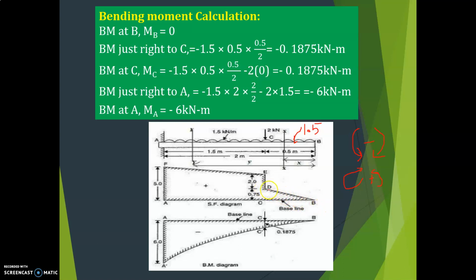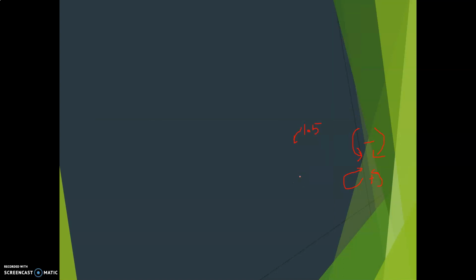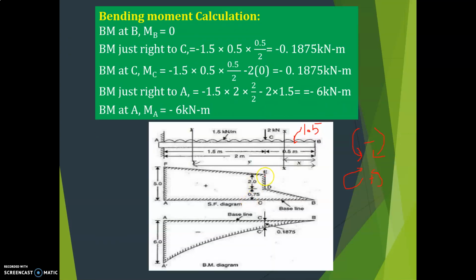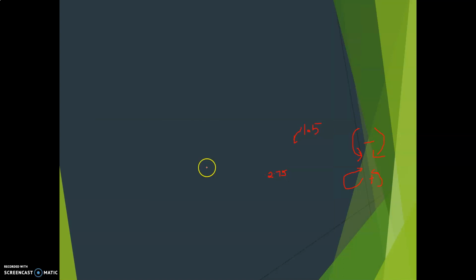Okay, then 2.75 to here, total it is 2.75. So till here it is 2.75. Here 0.75 plus 2, that is 2.75. Next, between C and A, or just right to A, that is equal to 5.